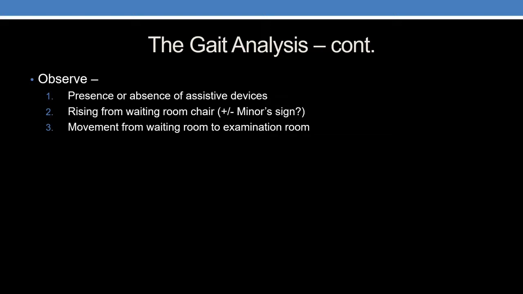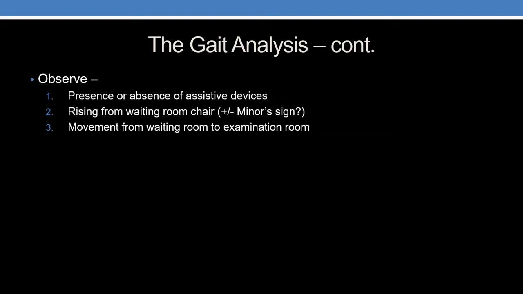An ankle dorsiflexion splint in the case of a drop foot might be something that's hidden. Certainly crutches and walkers and canes would be immediately visible, but some others may be hidden, so you want to be observant and looking for the possibility of the presence of an assistive device.